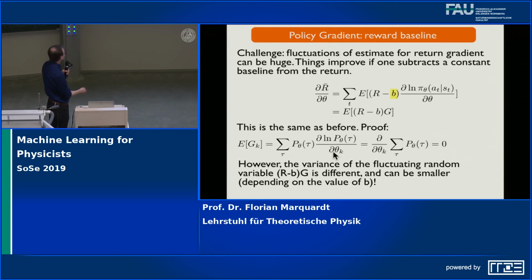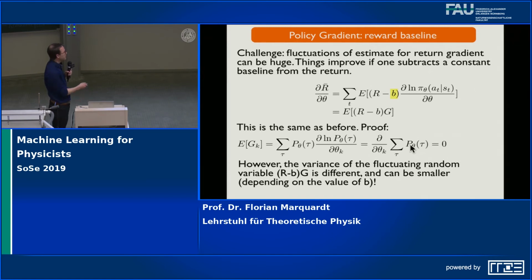But now, if you look at this closely and use what d log p is, it's 1 over p times dp over d theta. And so the 1 over p cancels the p, and I just get d over d theta of p.